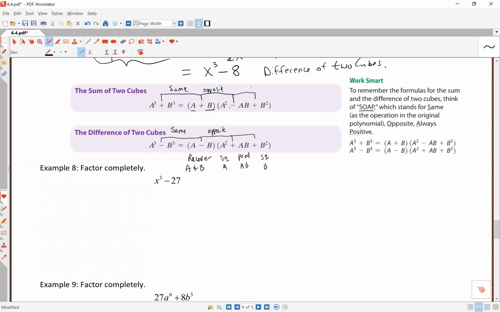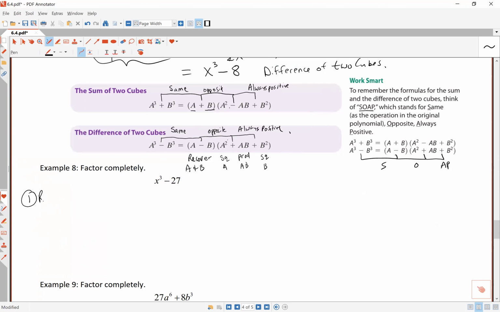And the last one is always positive. Same sign, opposite sign, always positive. So that's the two pieces to this.